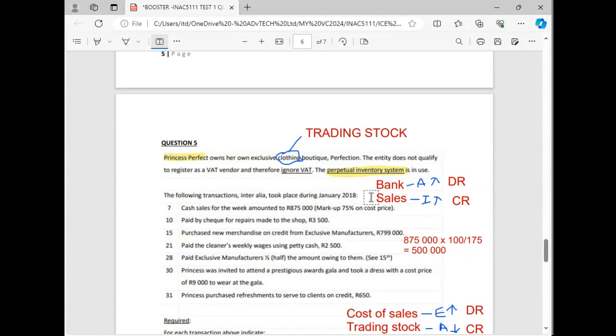Don't forget. But what if they say markup on selling price? You were supposed to have 75 over 100 instead. Only if they say markup on selling price.